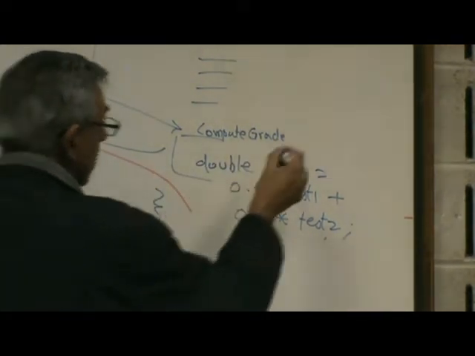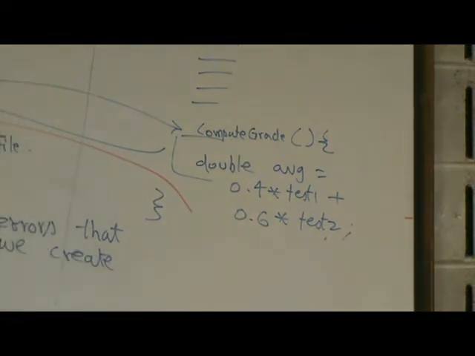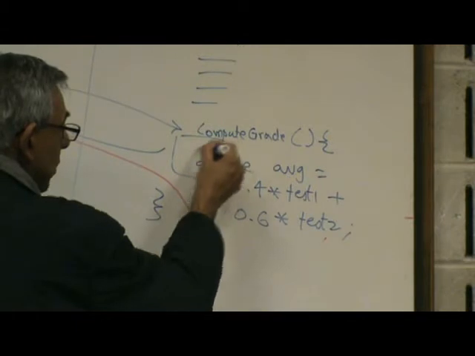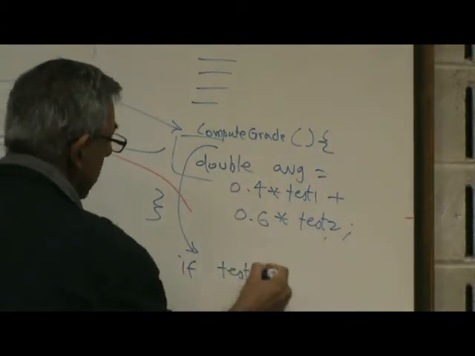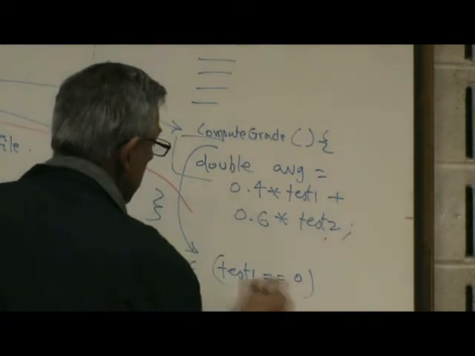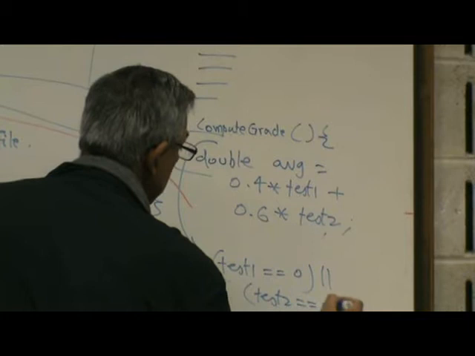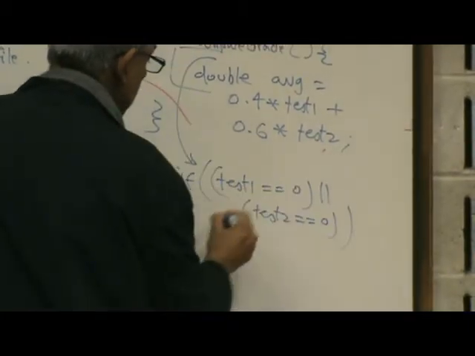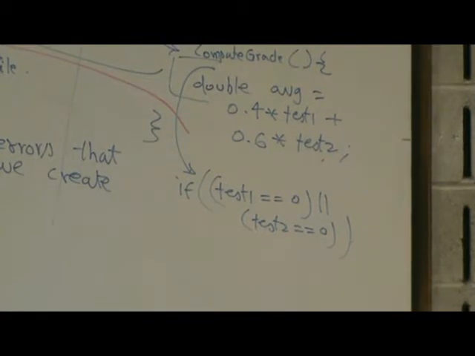However, if our business rule is, if one of the scores is 0, create an error message, okay? So before we do this, over here, we will check if test 1 is equal to 0, or test 2 is equal to 0, then now we want to create an error of ourselves, okay?